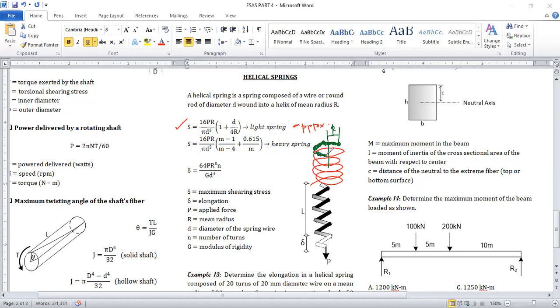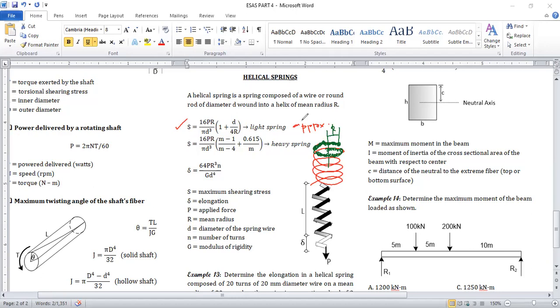So do not be confused with R and D. D is the cross-sectional size of the rod or spring material, whereas R is the radius of the spring.